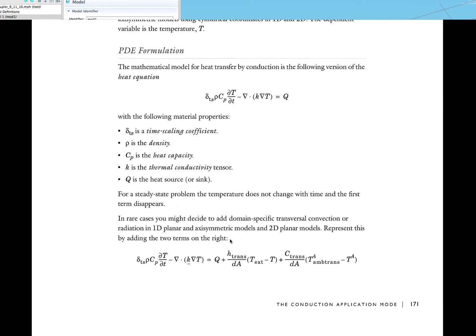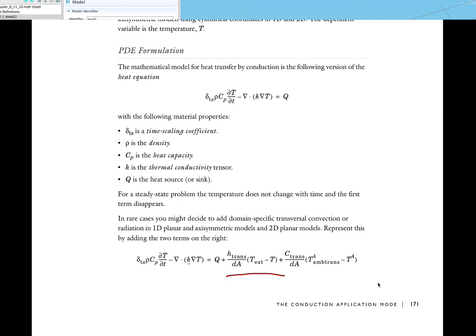Now there are additional features that can be useful. For example, we may have certain domains that have additional modes of heat transfer. For example, a domain that has convection heat transfer to the outside, and as we know from Newton's law of convection, the rate of convection is the heat transfer coefficient times the difference in the temperature, T external minus T, and dA is a scaling factor.